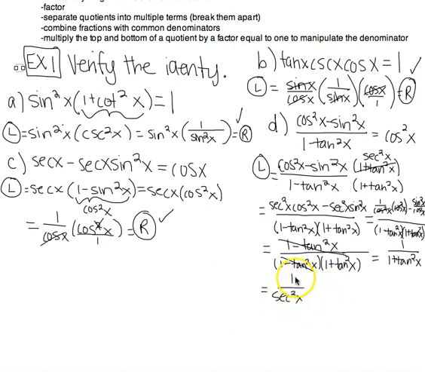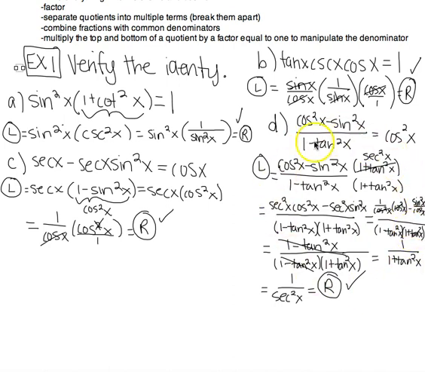So this is saying the reciprocal of secant squared. Well, the reciprocal of secant is cosine. So the reciprocal of secant squared is the same as cosine squared, which is exactly what my right side is. So left side equals right side, which means I have verified.